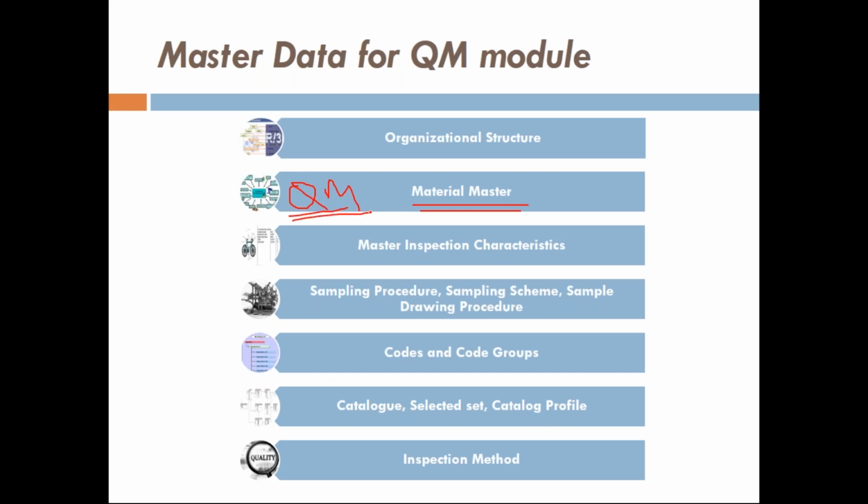We will see how to activate that view, what data needs to be entered, and how to activate the inspection types, all those things in the material master. Now our real master data will start from the MICs, master inspection characteristics.